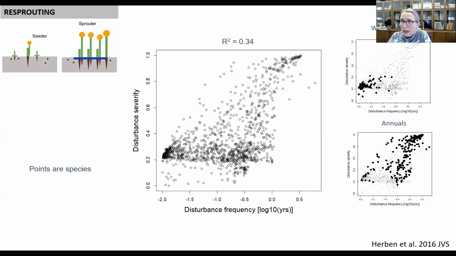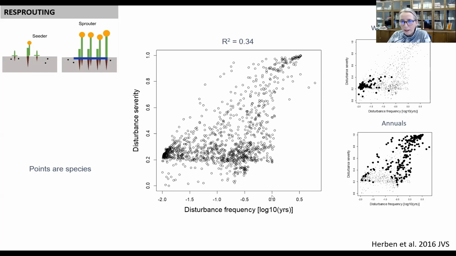And it was done on the basis of expert knowledge of how individual plant communities are disturbed, how often, frequency, and how severe. So it means how big places or patches of the communities are disturbed, and whether the disturbance is even affecting soil surface. So it is disturbance severity.